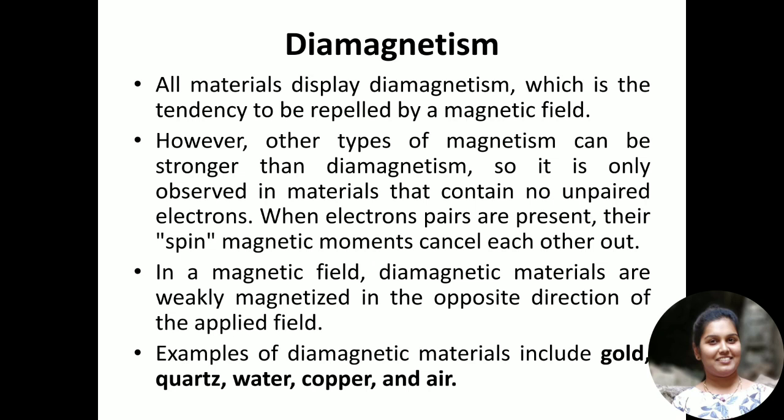However, other types of magnetisms can be stronger than diamagnetism. So diamagnetism is observed in materials that contain no unpaired electrons.